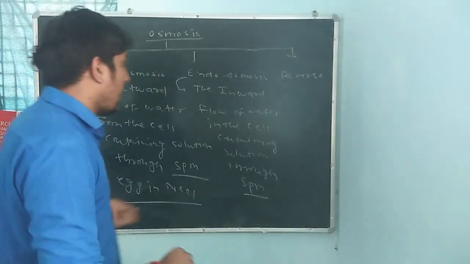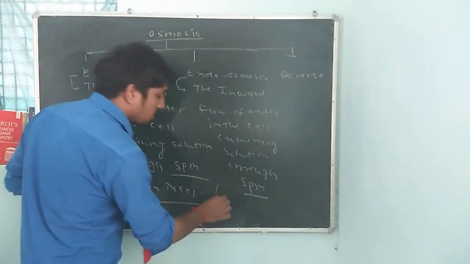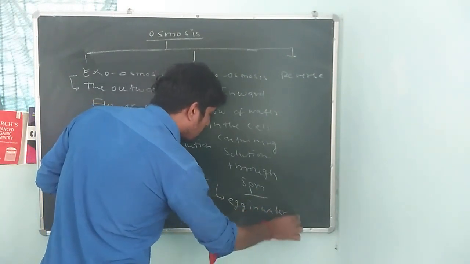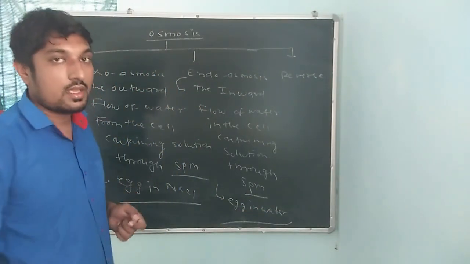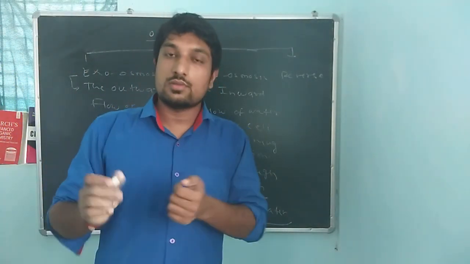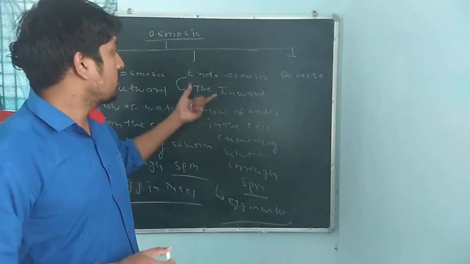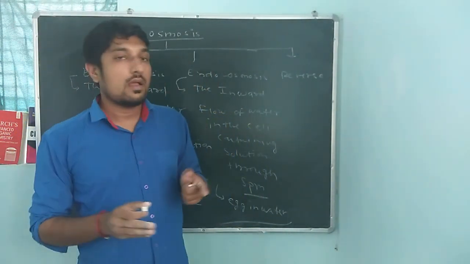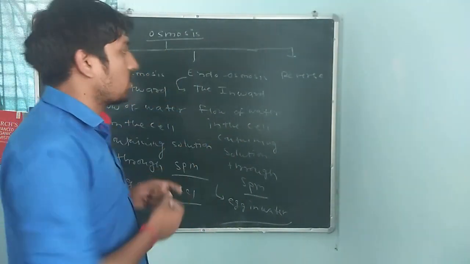And the example of endoosmosis is an egg in water. When you put the egg in normal water, it behaves like endoosmosis. So these are the types of osmosis.